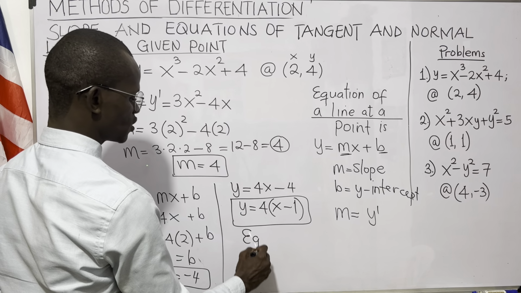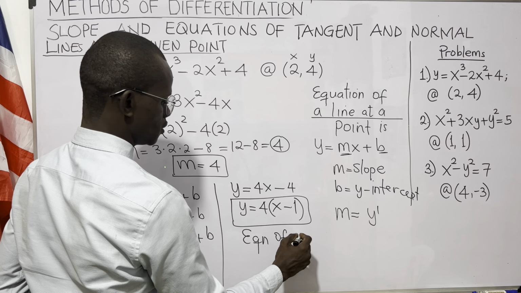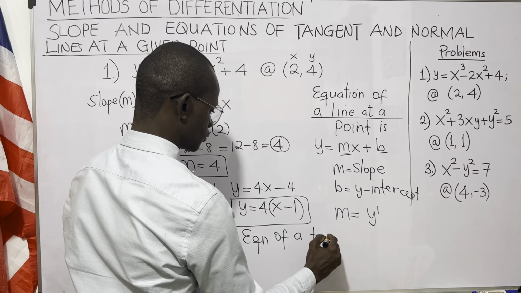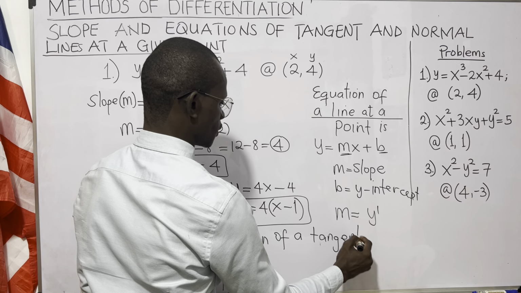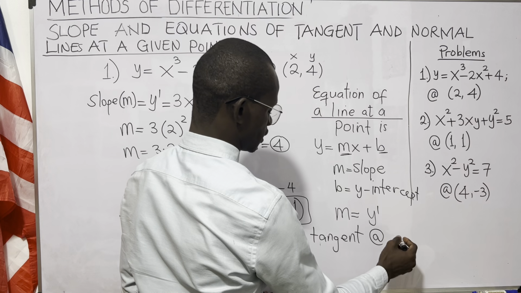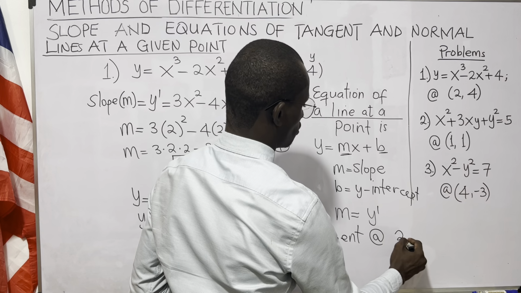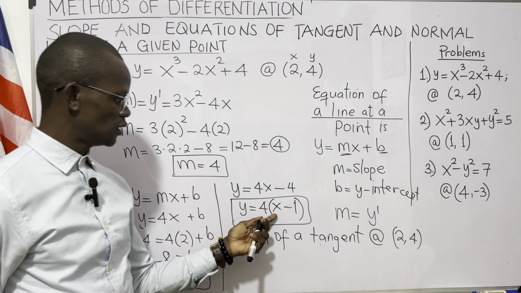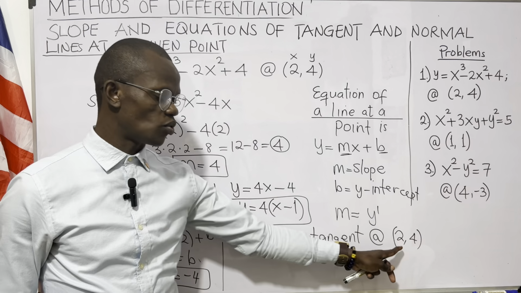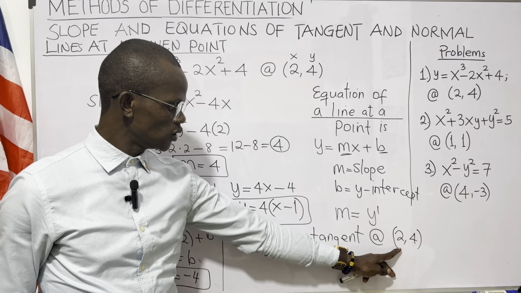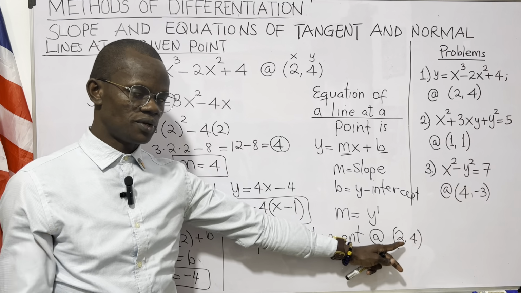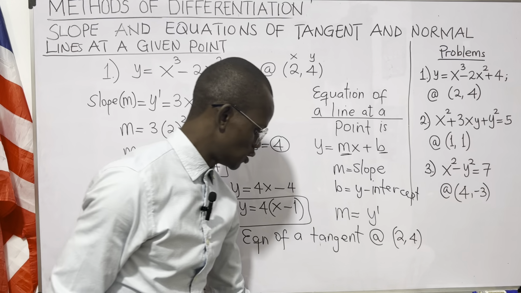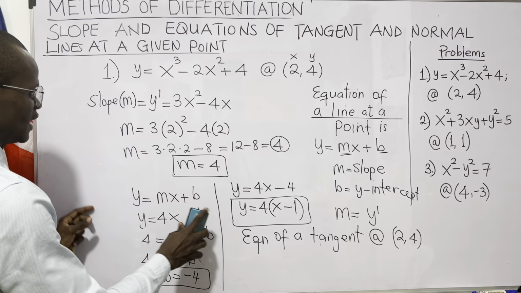This is the equation of the tangent line at the point 2, 4. The equation of a tangent line will change based upon the point of tangency. If this point changes to, for instance, 1, 1, this equation is going to change. Now, this is how we find the equation of a tangent line.